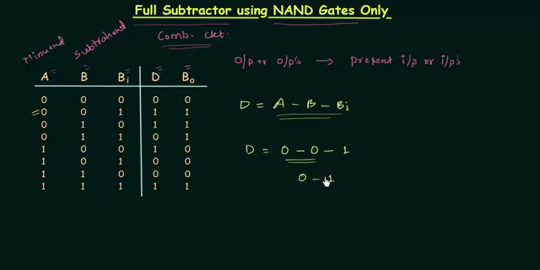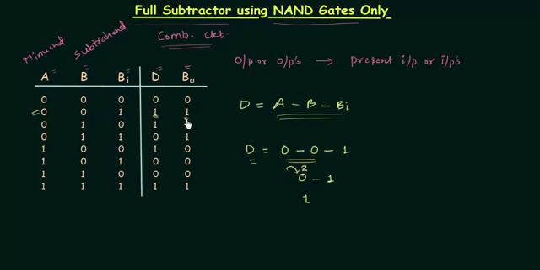So we have 0 minus 1. 1 is greater than 0. This means we need to take carry, and carry is equal to 2. We have already discussed this point while studying the number system. 2 minus 1 is equal to 1. So difference is equal to 1, and as there is borrow involved, borrow output is also equal to 1.